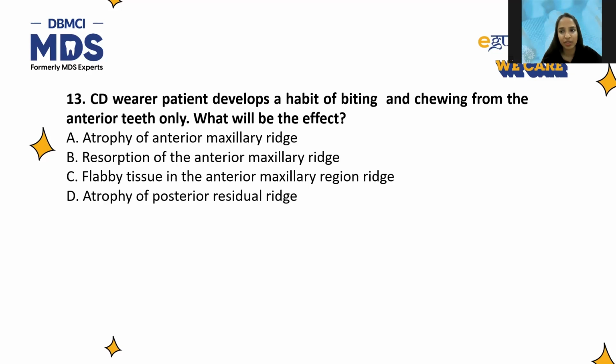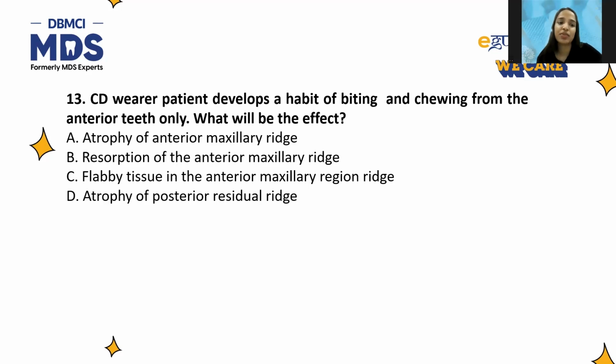And you see a lot of these things that are mentioned in the options here. Option A and B mean the same only. Whether it is atrophy or resorption, it means the same. Now, my understanding says that these may not be the correct options and we are failing somewhere here in getting a better recall. So I ask all of you to provide me a better recall of this question.